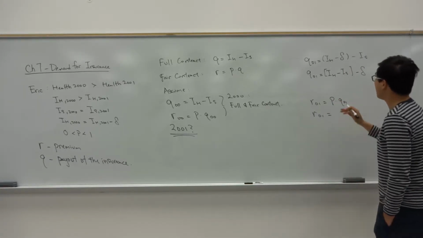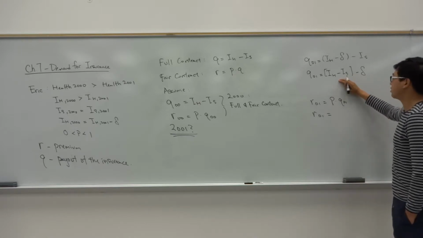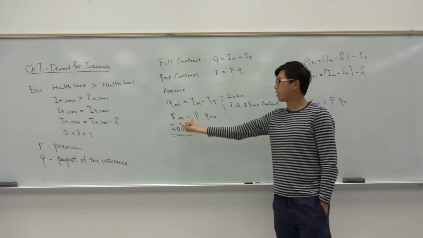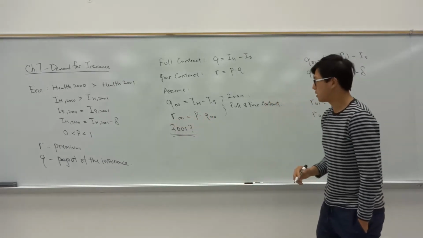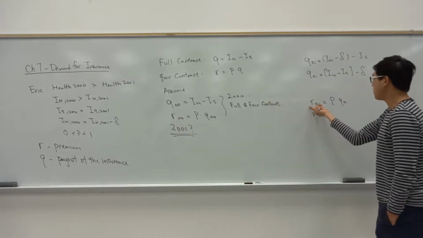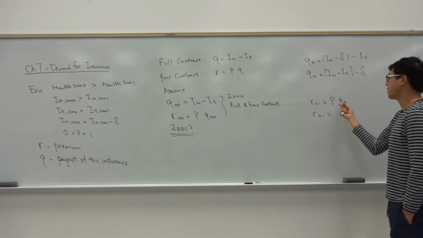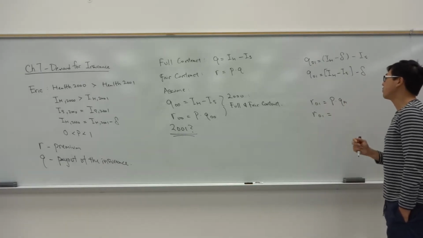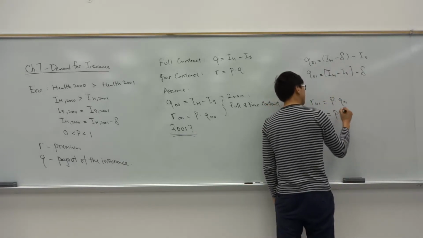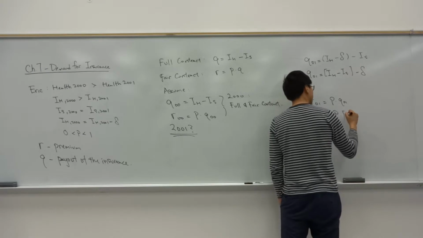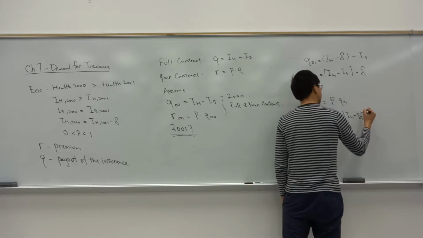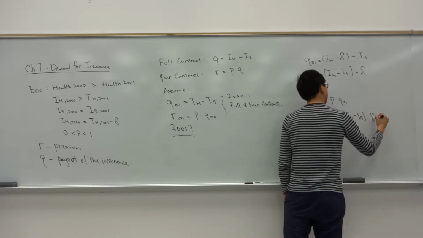On the other hand, we can use these derivations to put into another equation and take a look at the premium Eric is paying. In the case of 2001, the premium is equal to the probability of getting sick times the payout in the year 2001. So the premium in 2001 should equal P times IH minus IS, and minus delta.